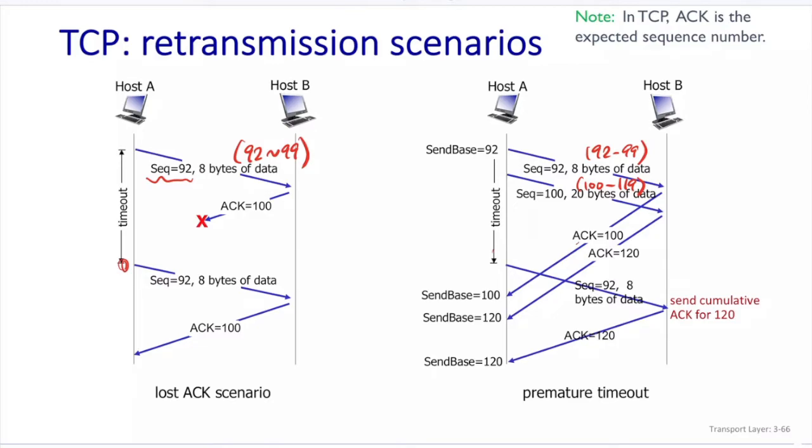Of course, we set up a timer for the oldest unACKed packet, but that is a late ACK. At this moment, T2, the timer times up, so host A will resend the packet with sequence 92. It's right here.